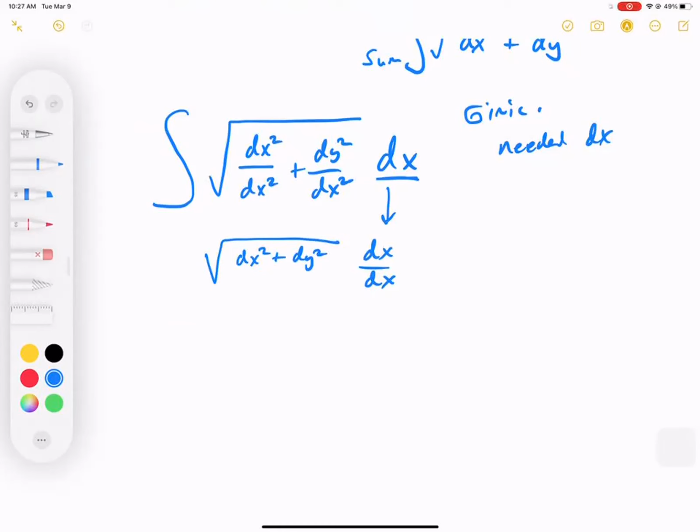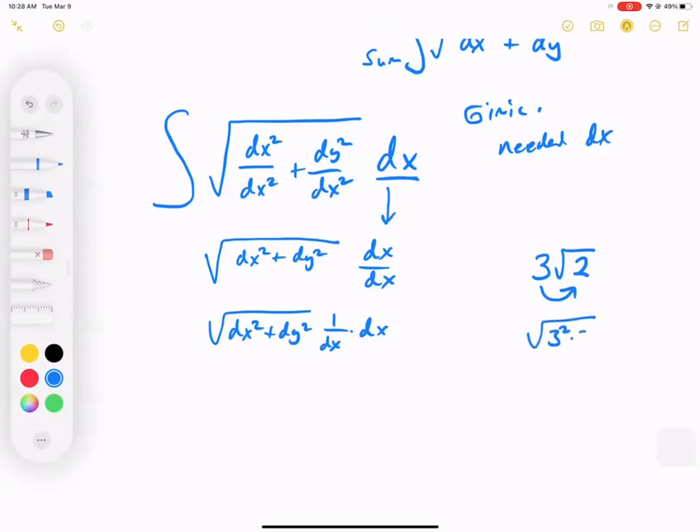And then what happens is, I'm rewriting this as dx squared plus dy squared, and I'm going to write this so you guys can see it: 1 over dx times dx, separating it. Now on the side, let me give you a question. If I write 3 times the square root of 2, and I want the 3 to go in, isn't it the same as the square root of 3 squared times 2?